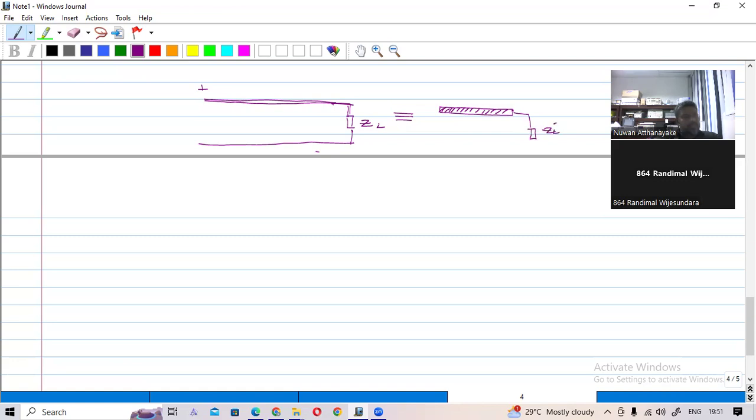This impedance can be resistive, capacitive, or inductive, anything. And if you ground this like this, both are the same. Let's say that this point is equal to 0. That means this point is equal to 0. And this is the Z direction.